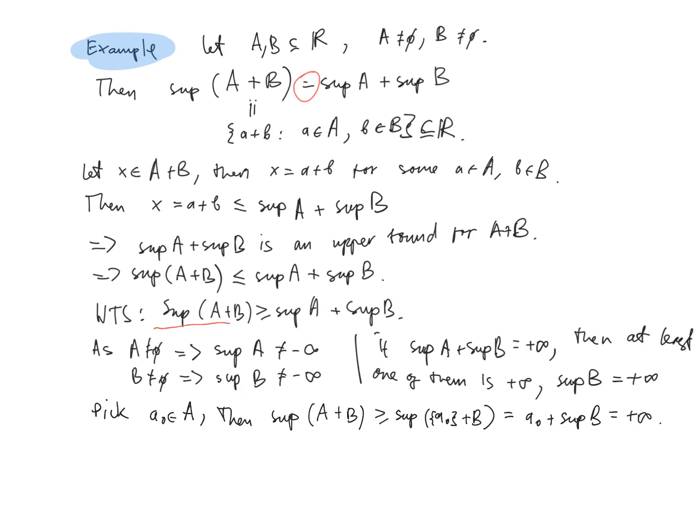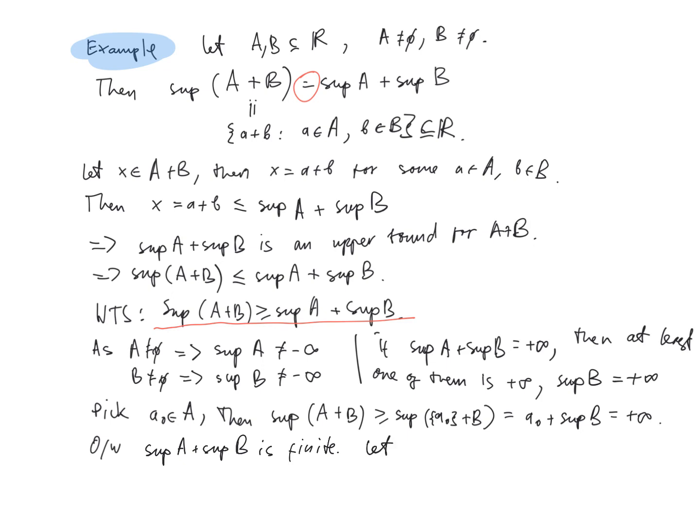So the desired inequality holds in this case by our definition of the ordering on the extended real line. Otherwise, the sum of the supremum of A and the supremum of B is finite.